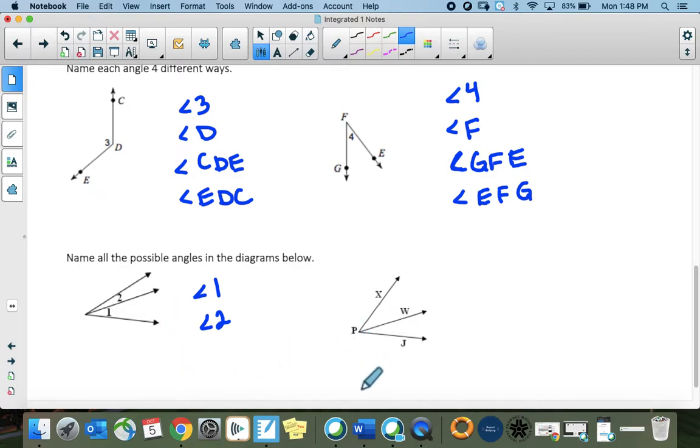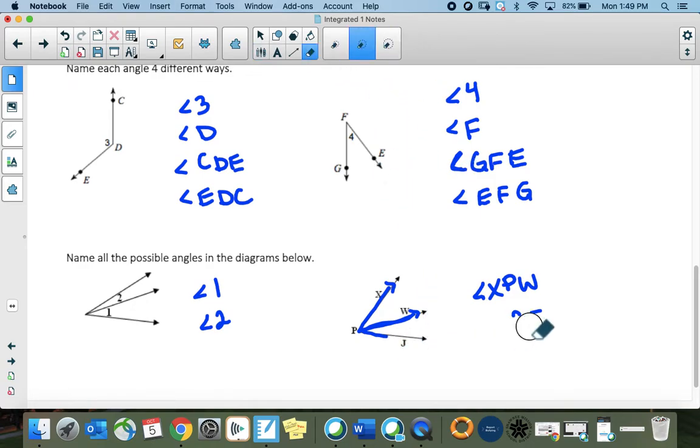Last example on this page, we have three possible angles we could name. We have angle XPW. We also have angle WPJ, that's this angle here. I could even put that in a different color.